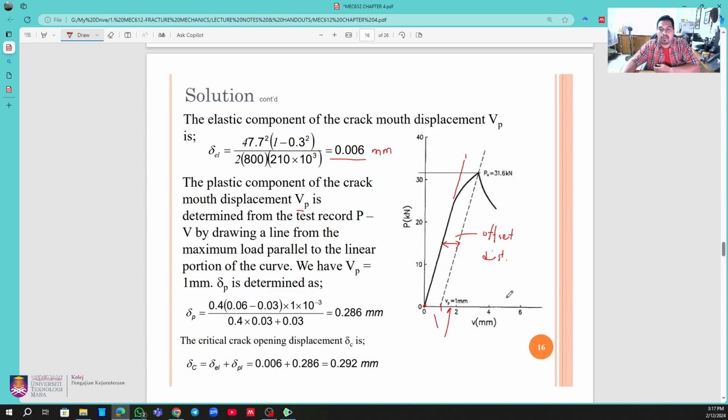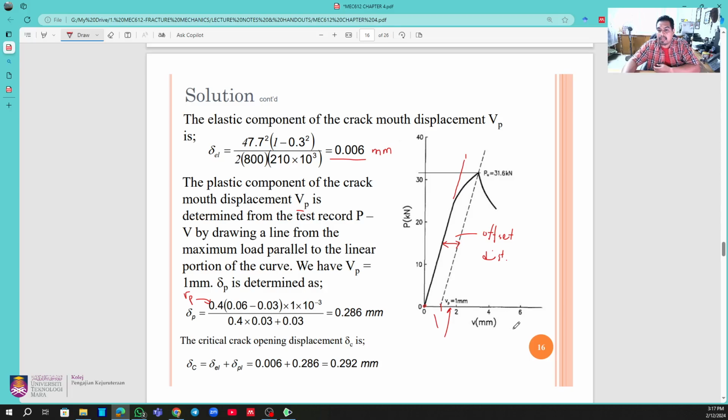So now we know the VP already, and straight away we can substitute into the formulation. This is your RP, taken as 0.4. This is W, which is 6 centimeter. This is A, which is 3 centimeter.